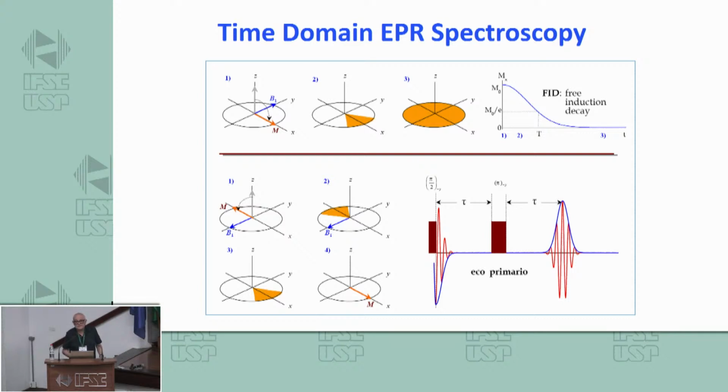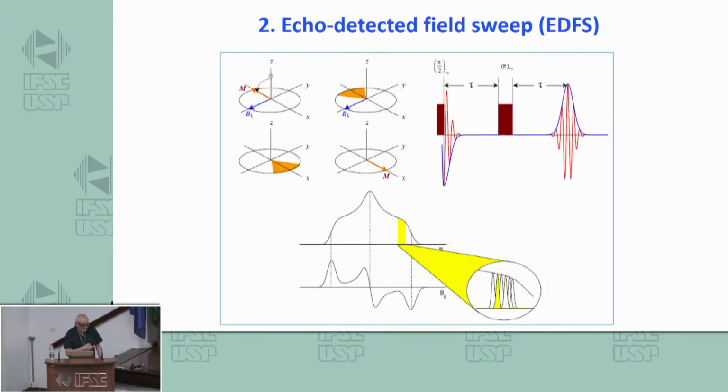But in order to get good excitation, we need very short pulses, and we need very high microwave power to cover a wide range of the spectrum, because the spectra are quite broad. And so normally, if this is the line shape, at one particular field location we only succeed in exciting a subset of spins that have this particular orientation with a magnetic field.